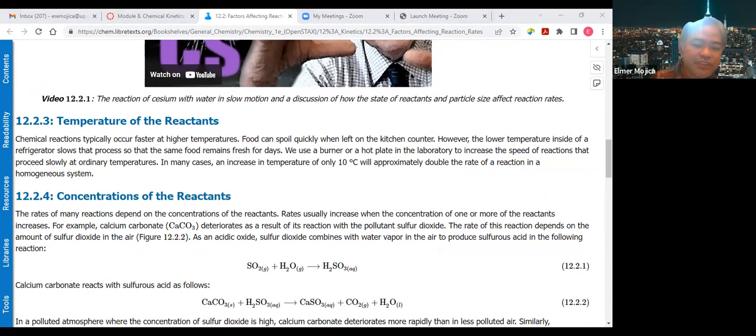They said for a reaction to occur, molecules should collide with one another. Okay, so try to imagine cars in a parking area. If we look at the temperature, we look at the speed of the car. So how likely are you going to hit another car when you're running at a faster speed compared to a slower speed.